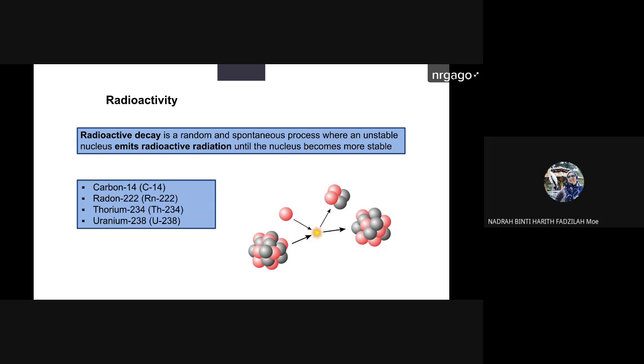So for example, examples of elements that undergo radioactive decay are carbon-14, radon, radium-222, thorium-234 and also uranium-238. So, yeah.